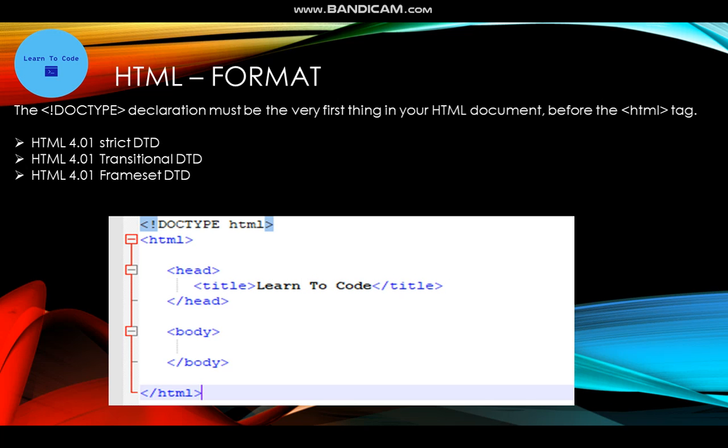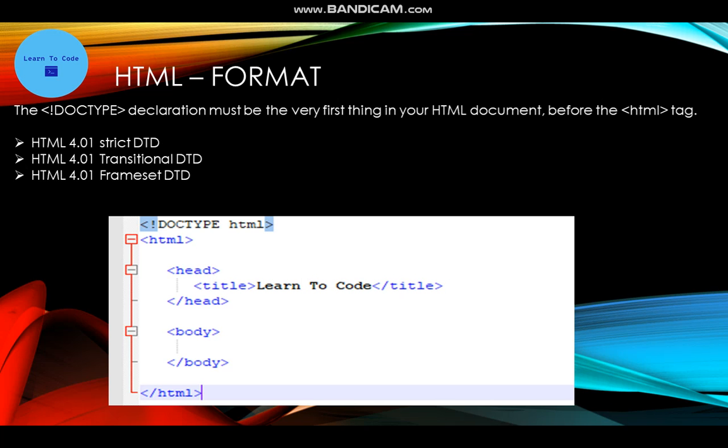So this is the structure of creating an HTML document. The Doctype HTML, then comes the head. In the head section we write scripts for JavaScript or any styling, like CSS, that we use.